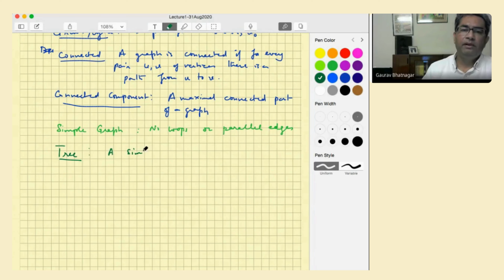It's a simple connected graph with no cycles, and it is called a tree.